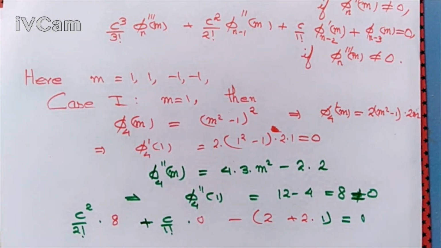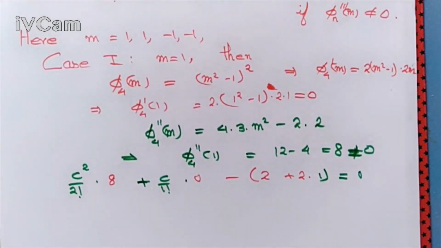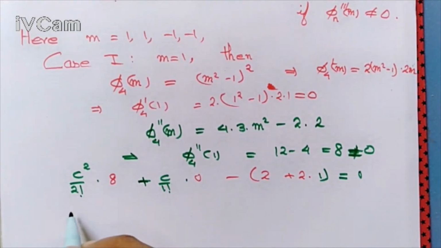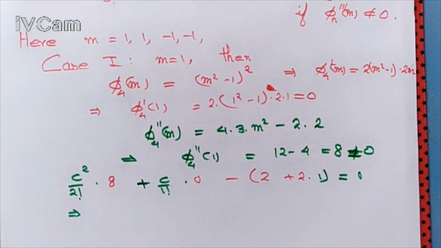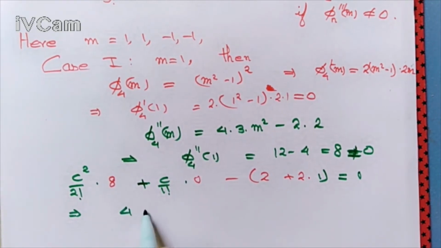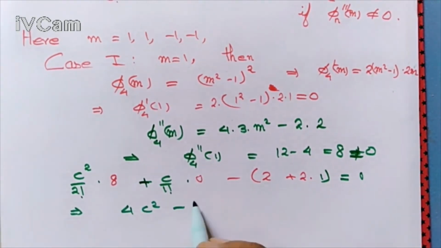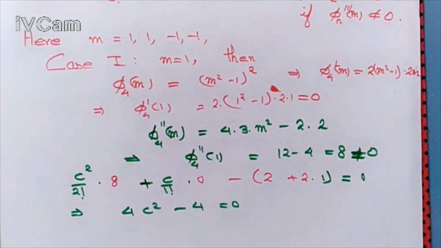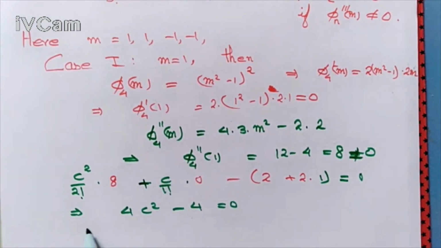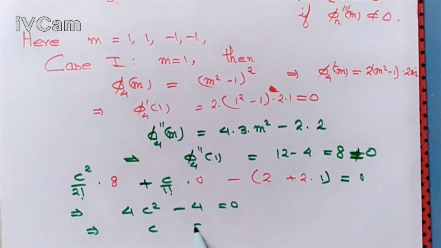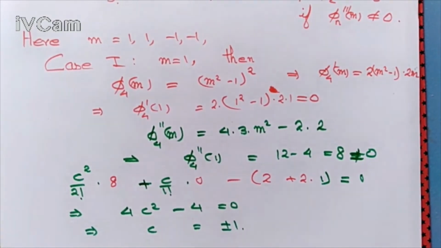So that implies 4c square minus 4 equal to 0, and so we can solve for c equal to plus minus 1. We have started with m equal to 1 and c equal to plus minus 1.